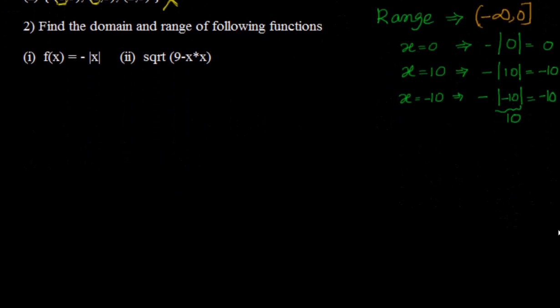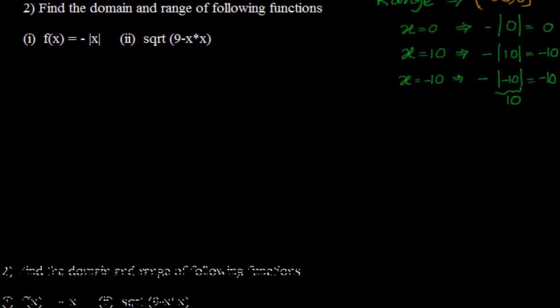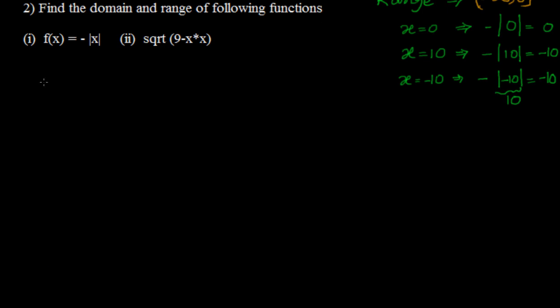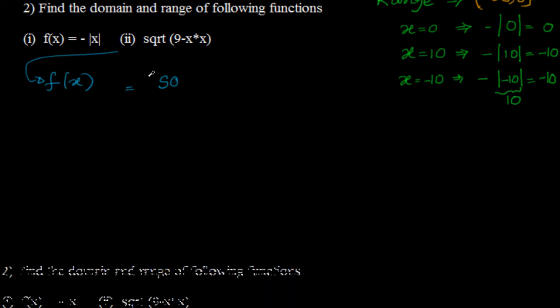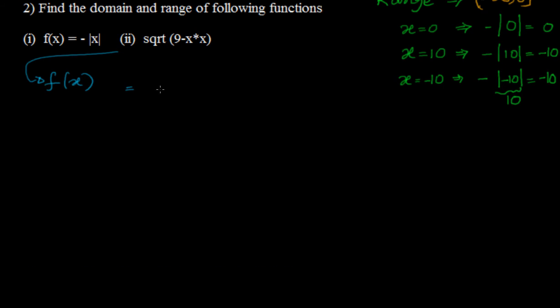Let's move forward. Let's look into another example, the second one. f of x is equal to square root of 9 minus x square.